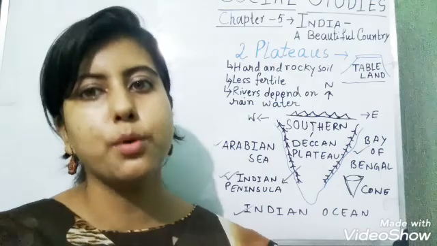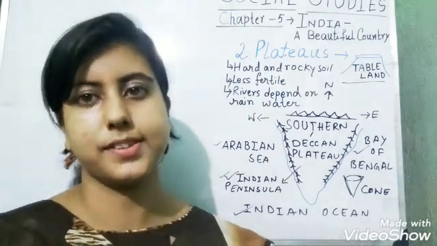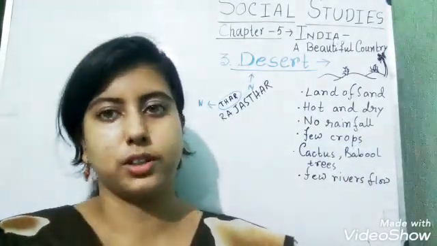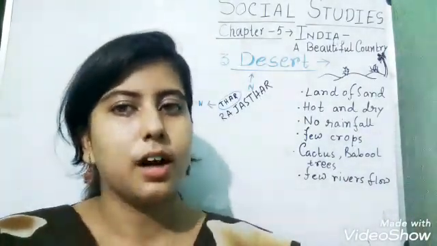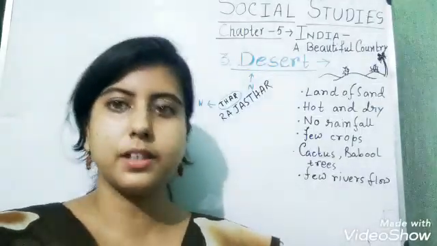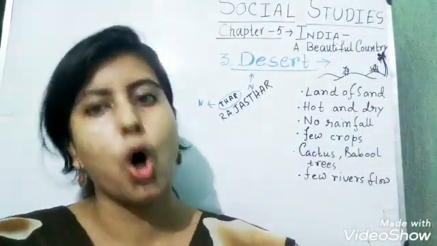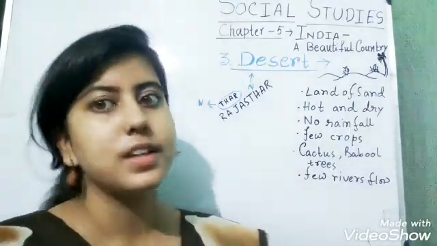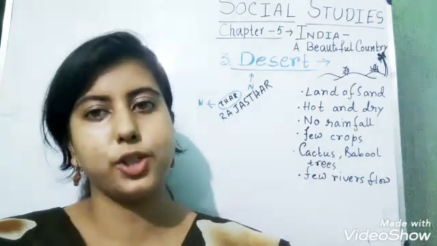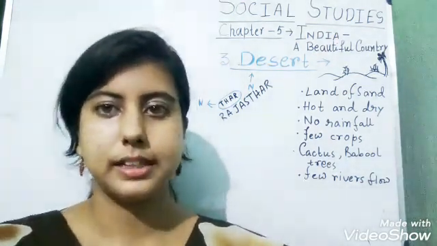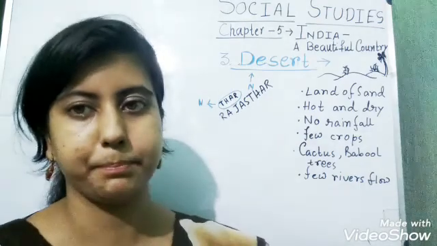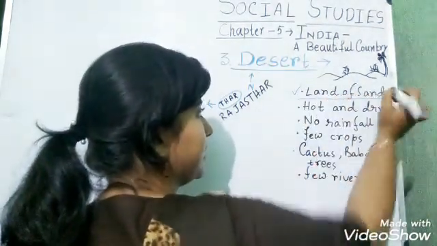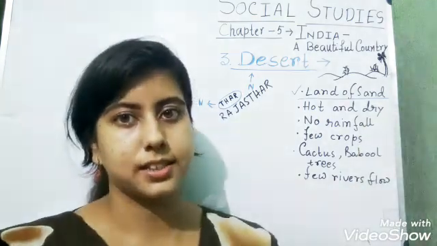Now we will move on to deserts. Now what is a desert? Desert is an extremely hot and dry area. I have summarized some of the features of desert. Let's look at them. The first feature is it is a land of sand.